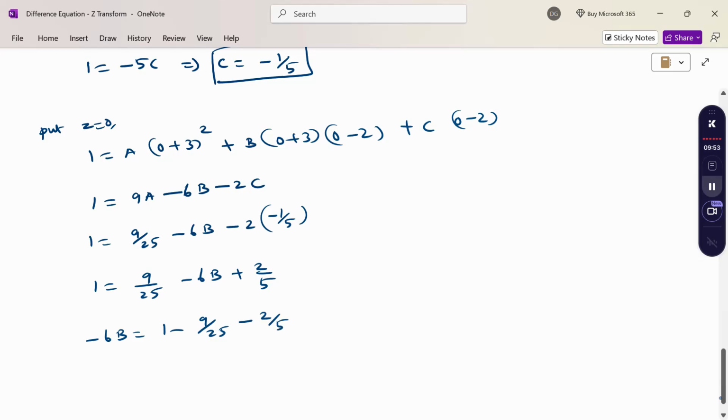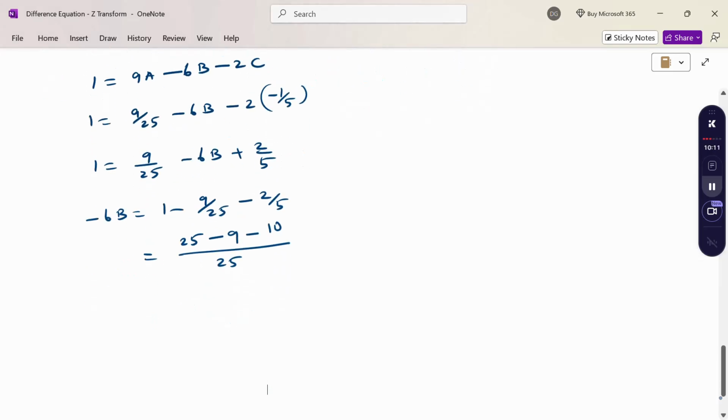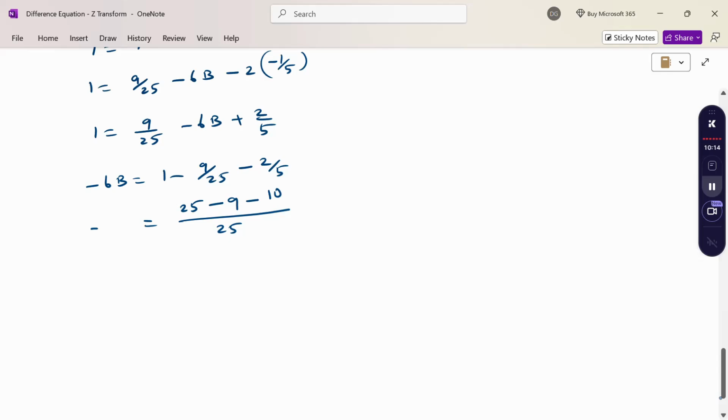So for 6b, I take 1 - 9/25 - 2/5, moving all the values to the left-hand side. Here I am going to take the LCM 25. So for the first term 1, multiply numerator and denominator by 25, minus 9, minus numerator and denominator by 5. Whenever I multiply, the value is nothing but 10. Using the calculator is better. Now this term is 25, so minus 19, therefore the value is 6/25.